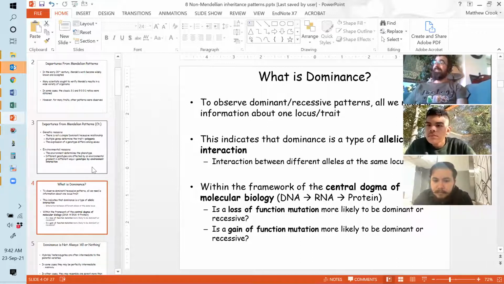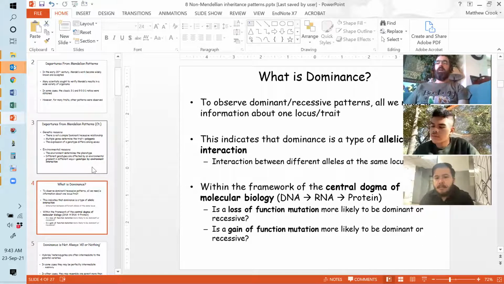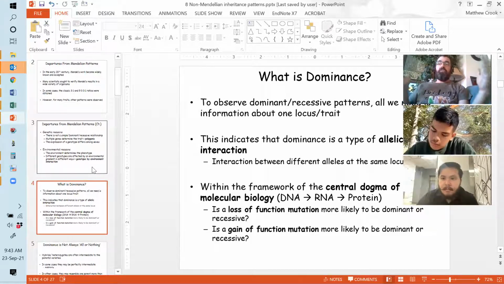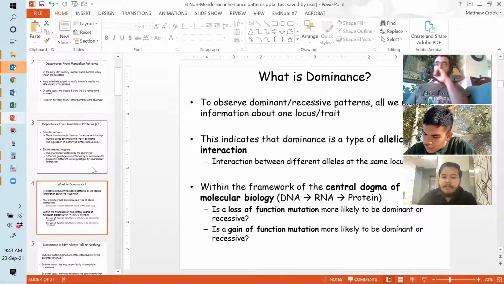Does that protein exist anymore as a result of that mutation? And so typically when we talk about dominance, we're talking about that gene functions normally and produces a protein that functions normally. And in terms of normal, it works, right?